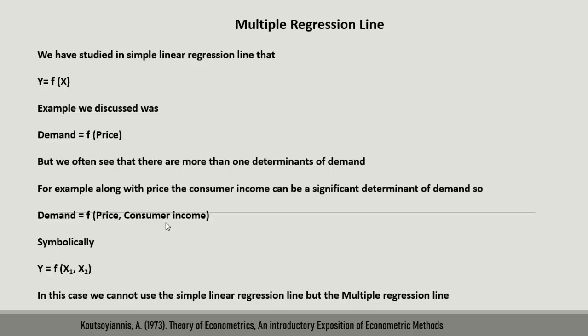As we have more than one explanatory variable, here we have two explanatory variables, which can be symbolically written as y is a function of x1 and x2, where y shows the demand, x1 shows price and x2 shows the consumer income. In this case, we cannot use the simple linear regression model because here we have more than one explanatory variable. So we use the multiple regression model.